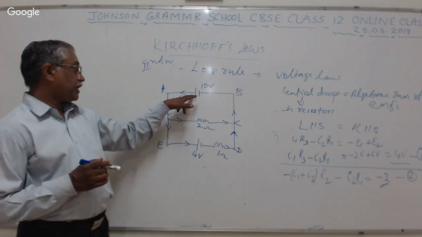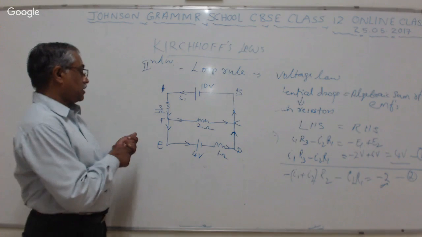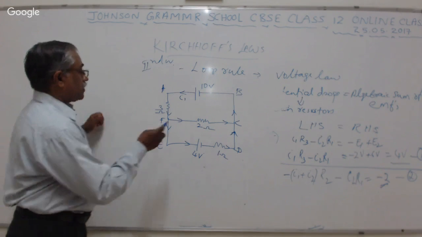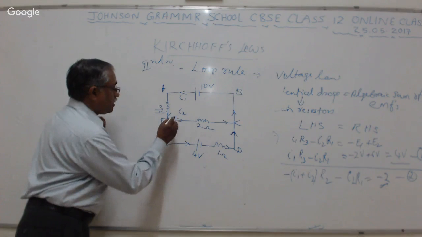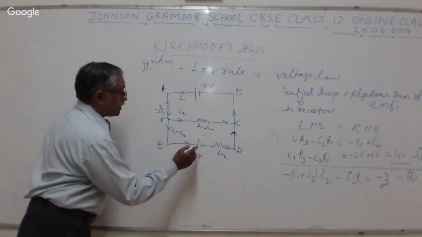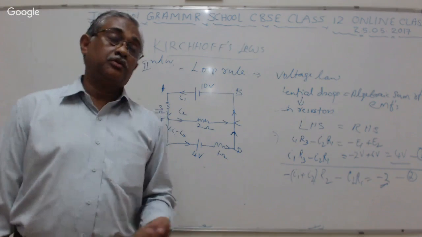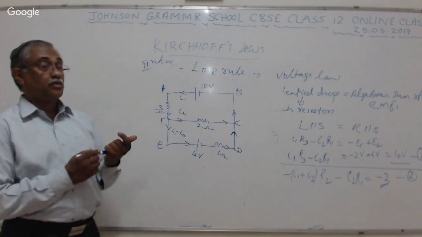So we have taken I1 current coming from this side, and I2 going this way, right? And how much will be there? I1 minus I2, right? So don't take I3, because I3 means one more equation you have to make. Try to reduce the time when solving problems.